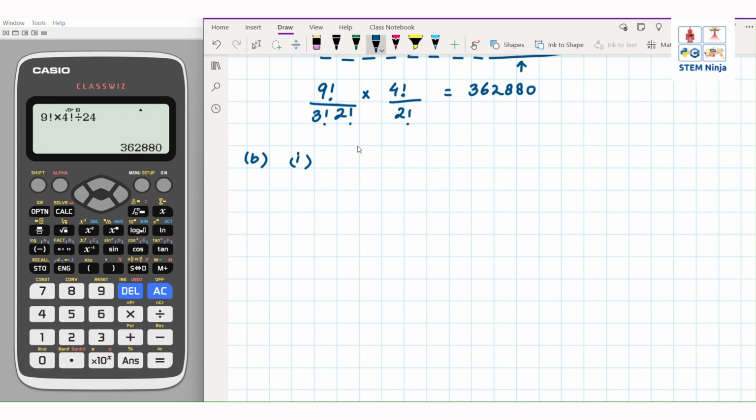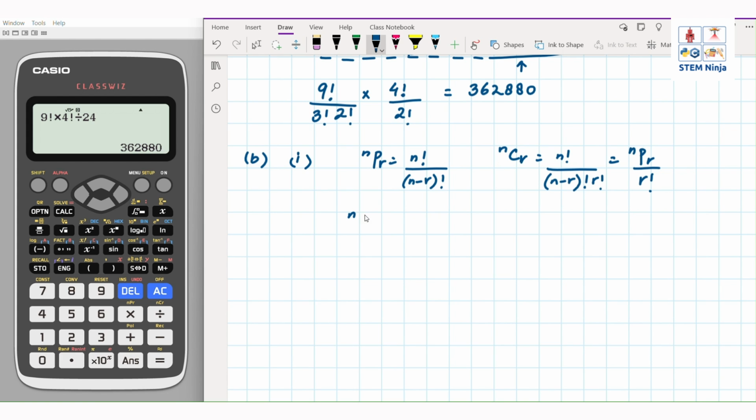Okay, so part B part 1. We can talk about the formulae also. For NPR, the formula is N factorial over N minus R factorial, whereas NCR has one additional thing: N factorial over N minus R factorial times R factorial. You could also say that this is NPR over R factorial.